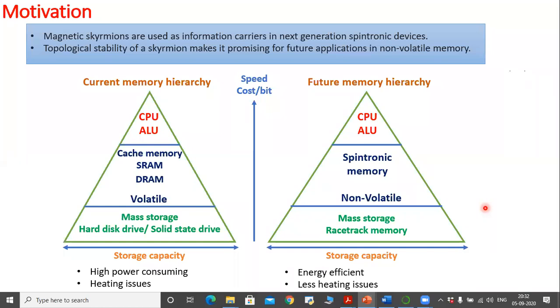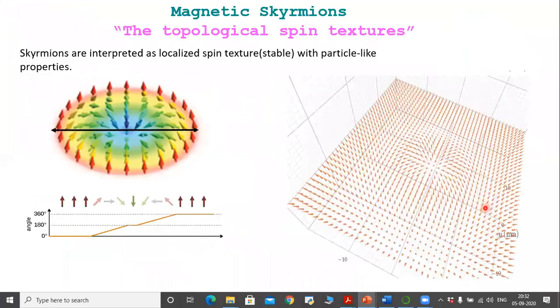And if you pass that spin polarized current into a ferromagnetic material and keep it in a magnetic field, you will see rotation of these moments around the magnetic field direction.